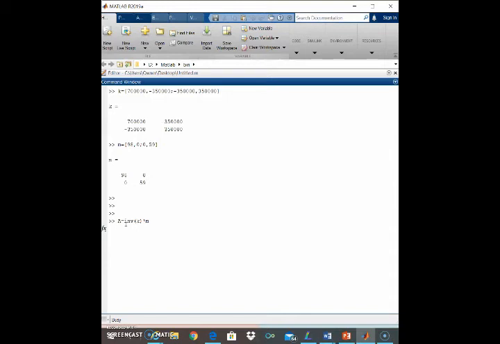Then we input A equals inverse K multiplied by matrix M.